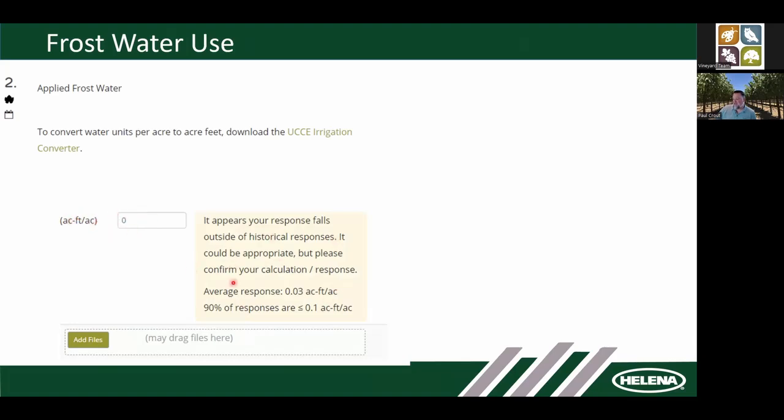Here's an example of one of the warnings that pop up, that it falls out of historical responses. This is one way for you to check and make sure your numbers are correct. You can see the average response is 0.03 acre feet per acre. But if you do not have frost control, you enter 0, that's fine.